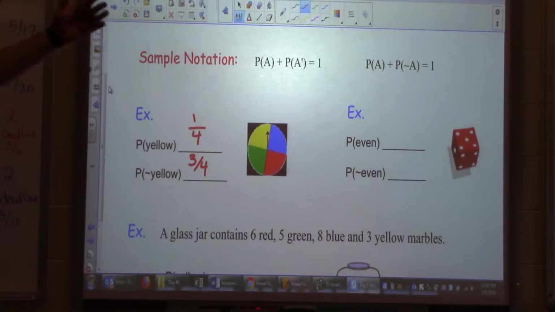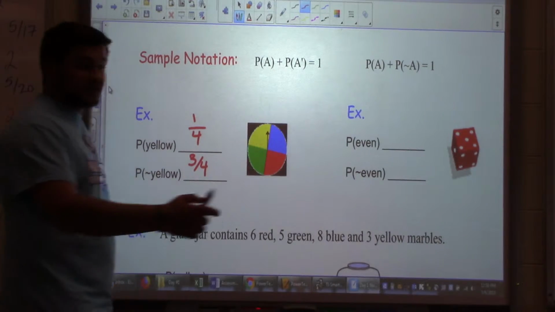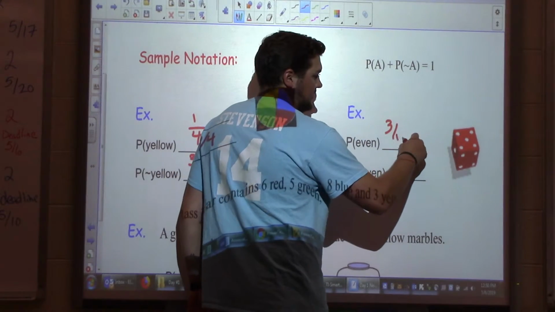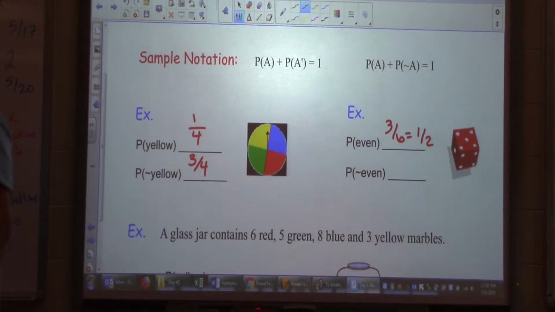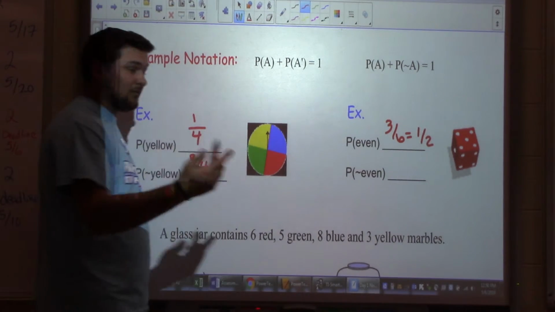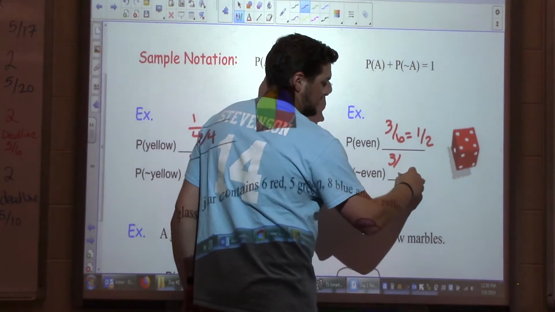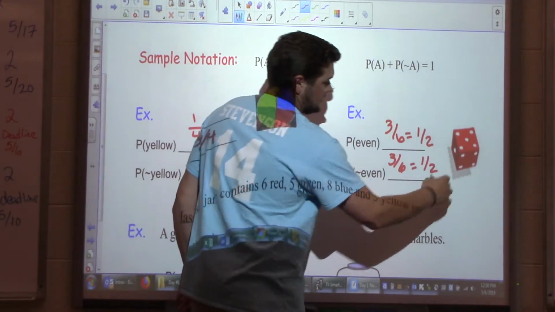Example, probability of rolling an even number on a die. Well, it'd be 3 out of 6, which is the same as 1/2, right? We would always reduce it. So putting 1/2 would be perfect. So make sure you reduce your probabilities. So what's the probability of not an even, or the complement of even? Same thing, 1/2. Right? 3 out of 6 are odd, so it'd be 1/2.